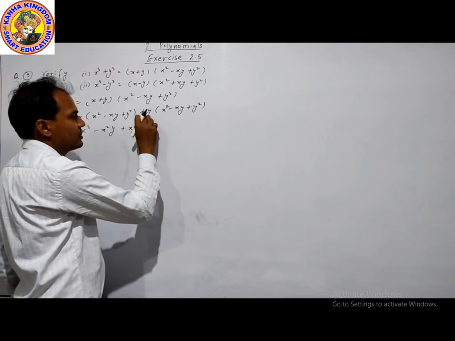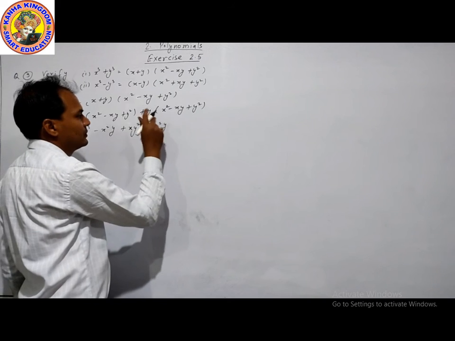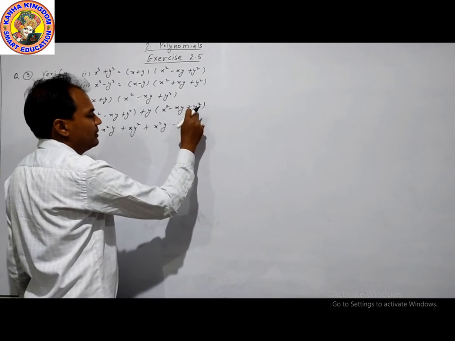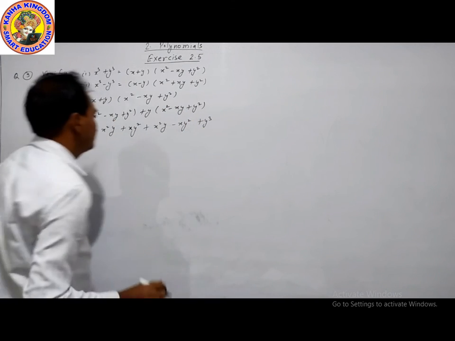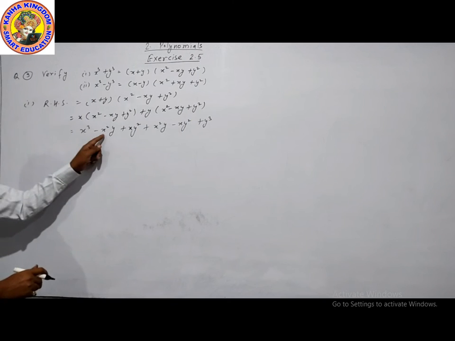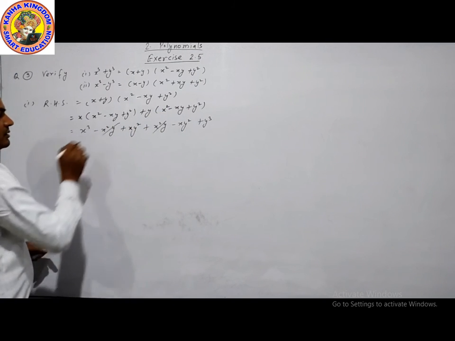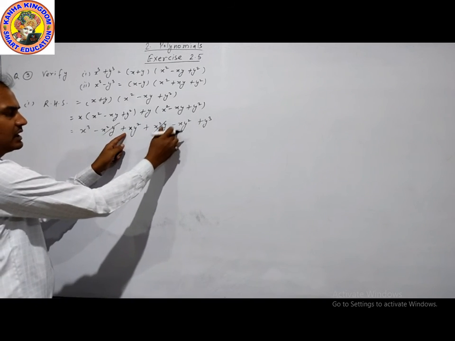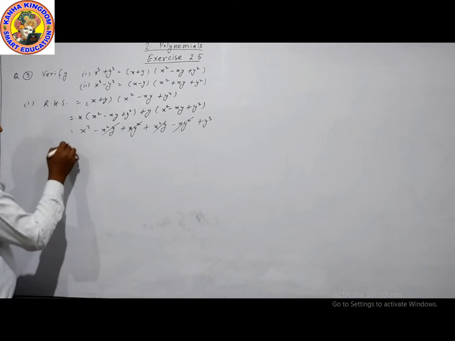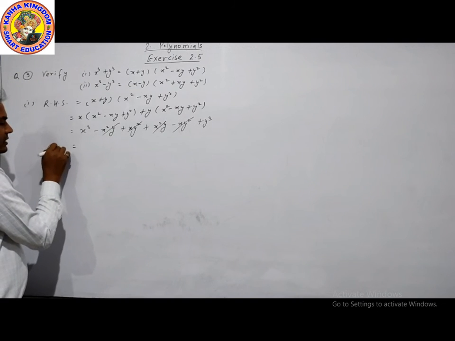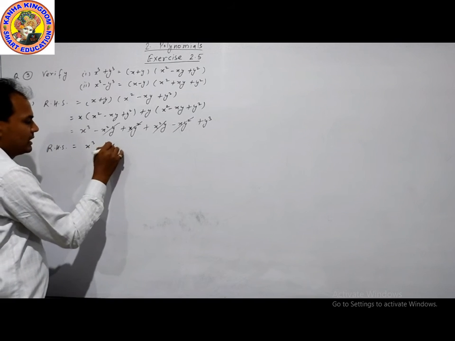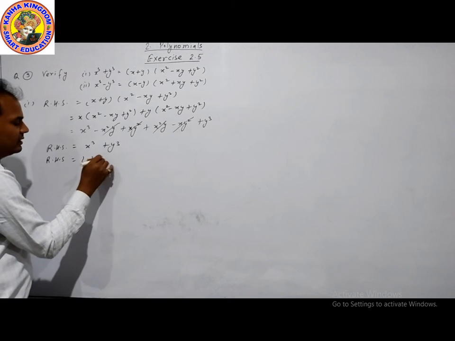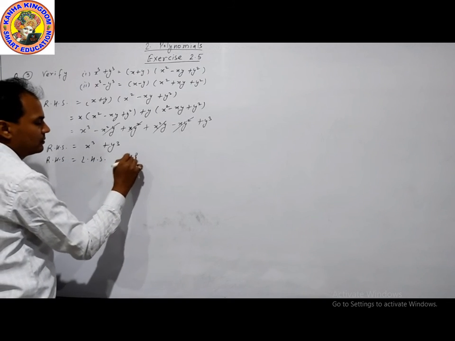Then y into x square is x square y, minus x y square, y square into y is y cube. The x square y terms will cancel because they are the same terms with opposite signs. The right hand side is x cube plus y cube, so the right hand side is equal to the left hand side, hence proved.